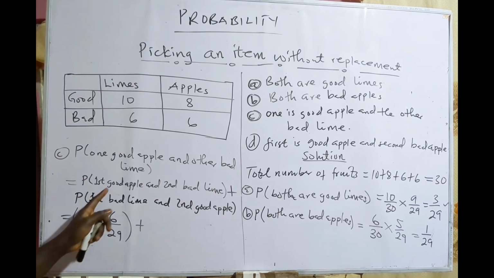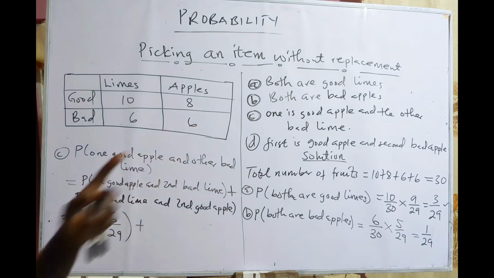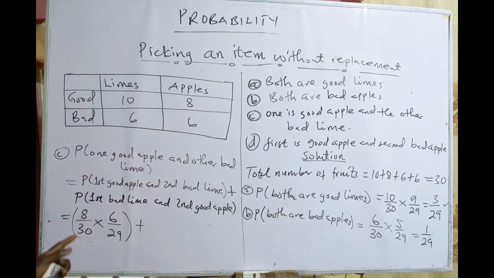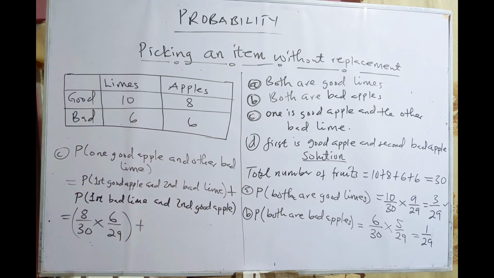So when you pick a good apple, we have to put it aside. There are 8, but take note that because a good apple is put aside, the total number of fruit has reduced by 1 to 29. However, the number of bad limes still remains the same. That's why in our second pick we have 6 over 29.